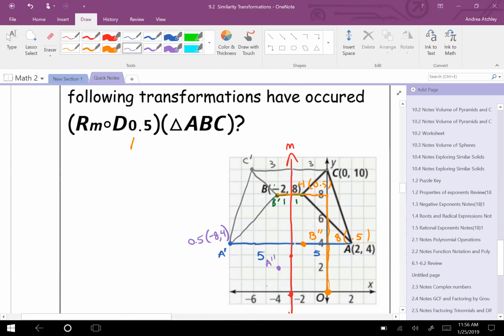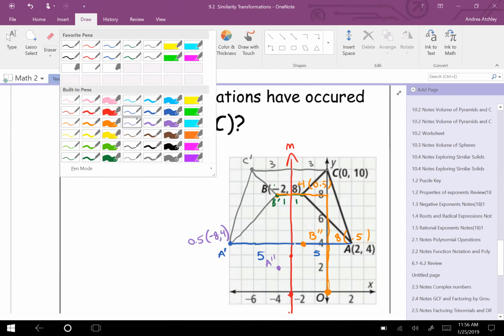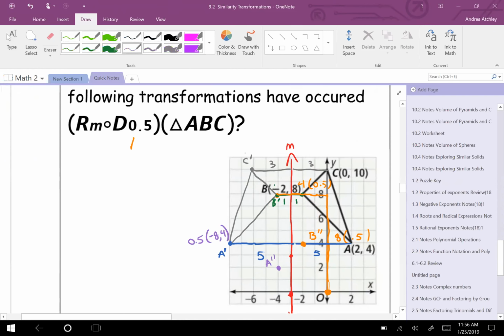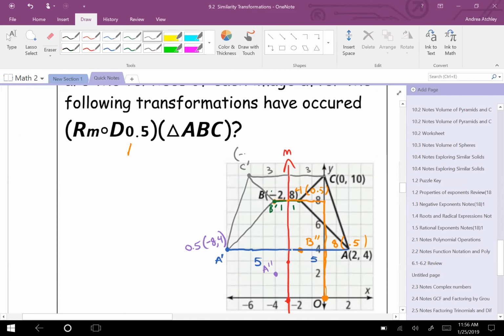Do the same thing with C. See my ordered pair there, or C prime, is at 6 and 8, 10. Is that 11? No, this is 10 here. Oh, it's at 10, right? -6 and 10.